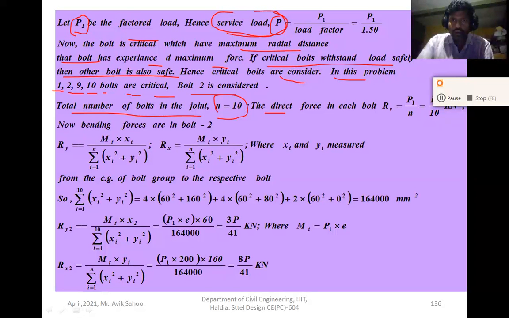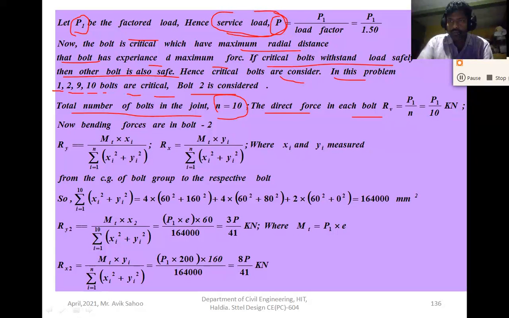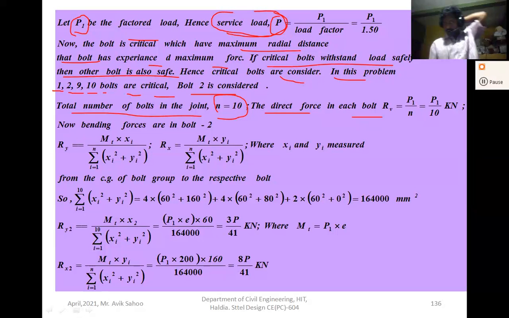So the direct force in each bolt is how much? That is P1 by N, because the direct force is distributed equally among the bolts. Here the number of bolts is 10, so in each bolt the force induced due to direct force is P1 by 10 kilonewton.